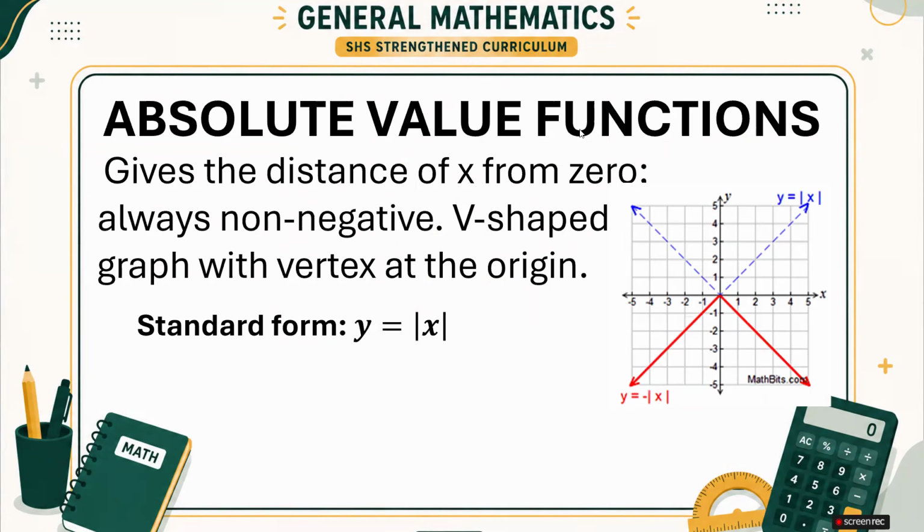So the absolute value function uses the absolute value bars. So the parent function is usually y is equal to the absolute value of x, and it clearly shows a V-shaped graph. So the lowest point of the graph is the vertex. So do not forget that absolute value would mean a V-shaped graph.